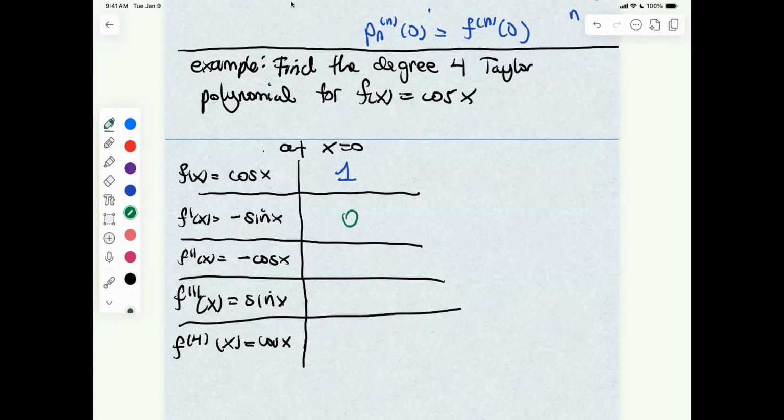So now cosine of 0 is 1, but now there's a minus sign, right? And then sine of 0 is again 0. And then cosine of 0 is 1 again.